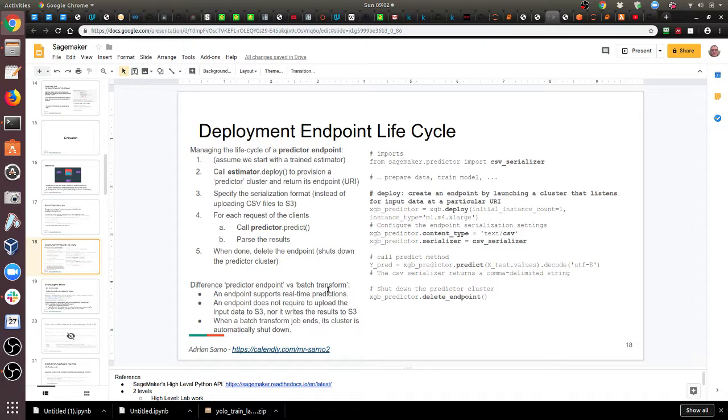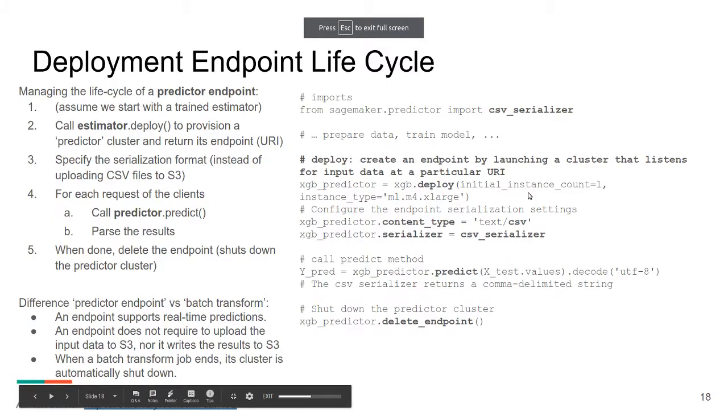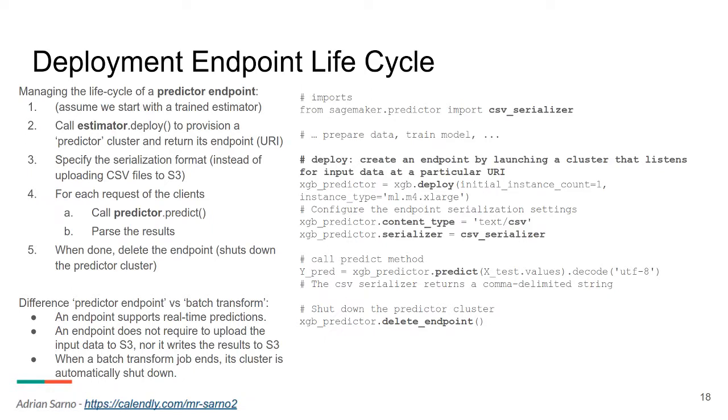Okay, so this is a large slide, but this is very important. This is the predictor, as opposed to the job you just saw. Now you are really instantiating a cluster and leaving it there.